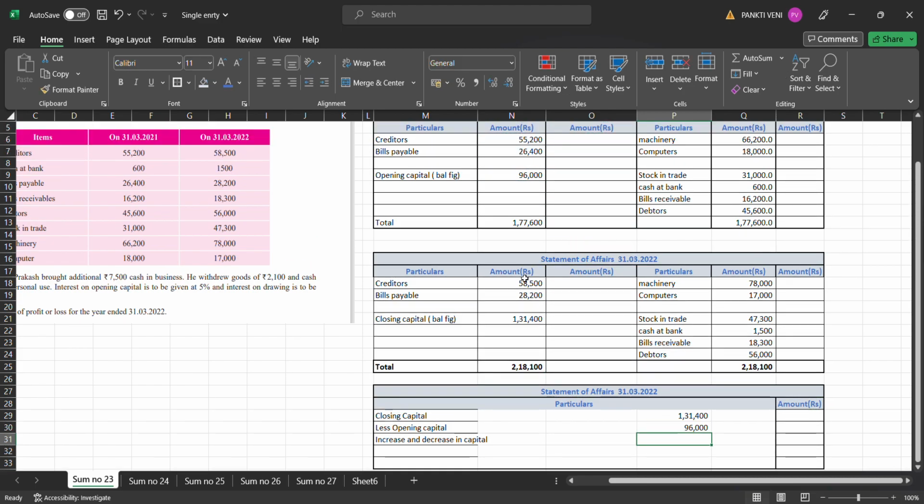Opening capital amount coming from here. Increase and decrease: if I subtract this from this, I'll get 35,400. To this, I have 7,500 as additional capital which I'm supposed to subtract.